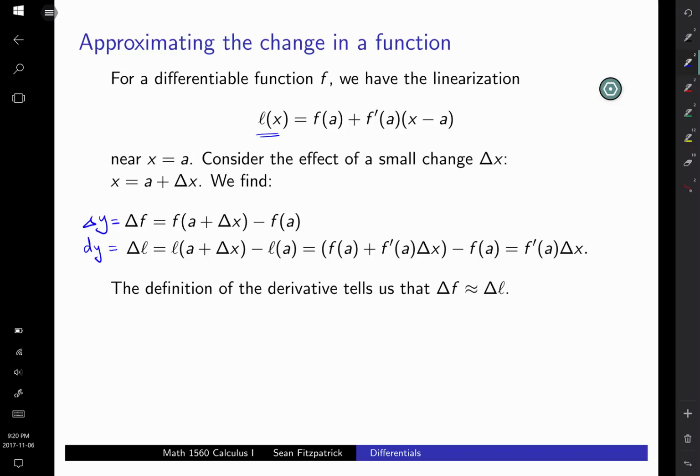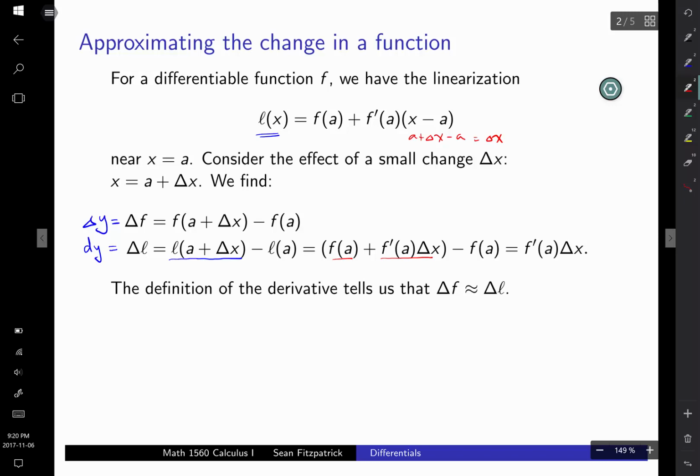If you calculate the linearization at a plus delta x, so you plug a plus delta x in for this x value, we notice that a plus delta x minus a is just delta x. So that gives me f prime of a times delta x.